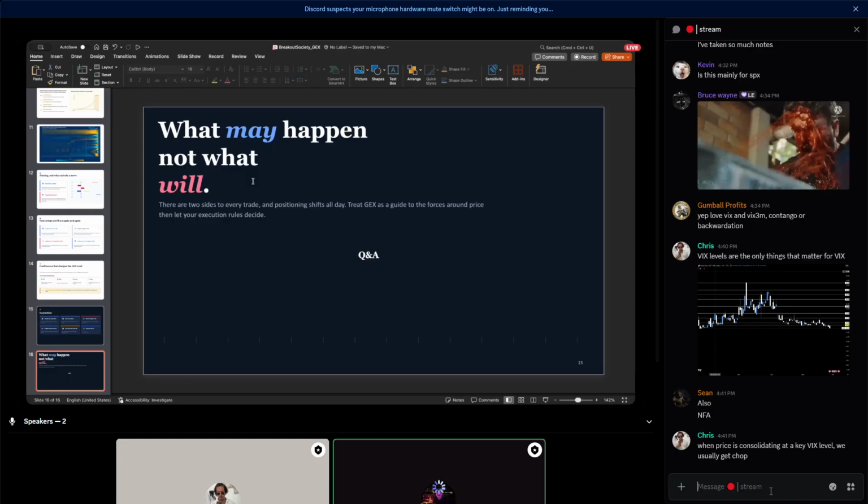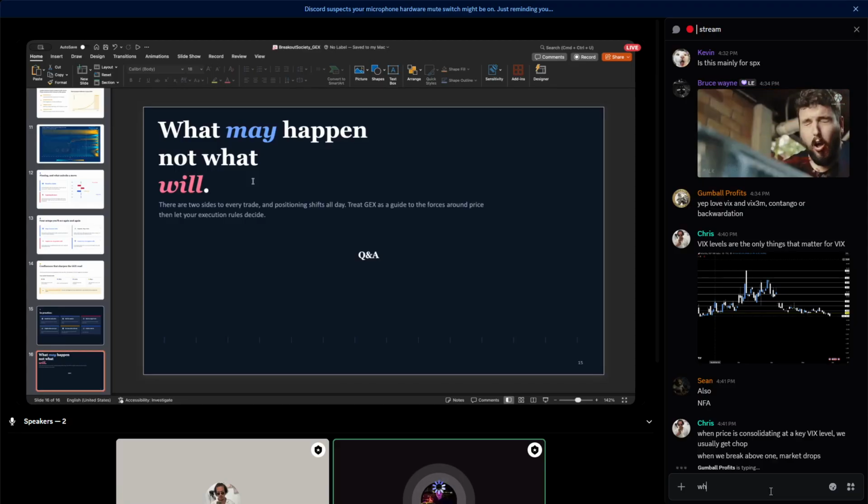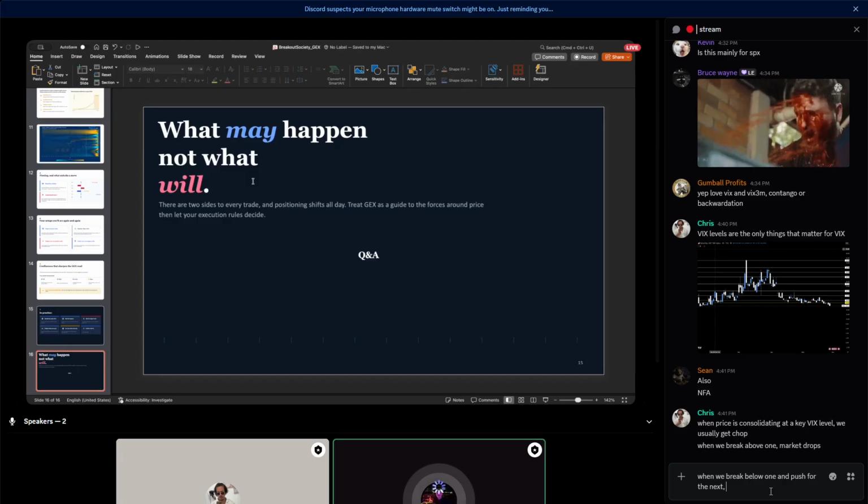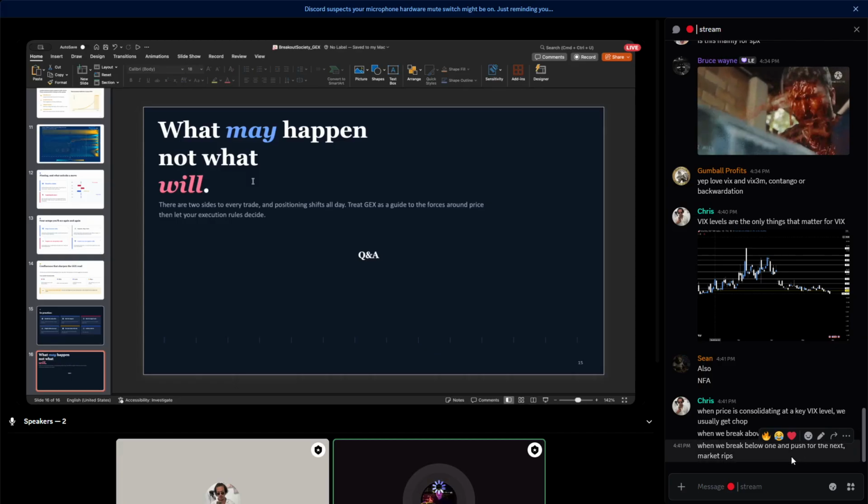And like I was saying before, I want to emphasize also that positioning shifts rapidly all day. GEX isn't something that you look at in the morning and forget about the rest of the day. It's something that you should monitor periodically. It should be a guide that tells you where price could go and what kind of environment price is working in right now.